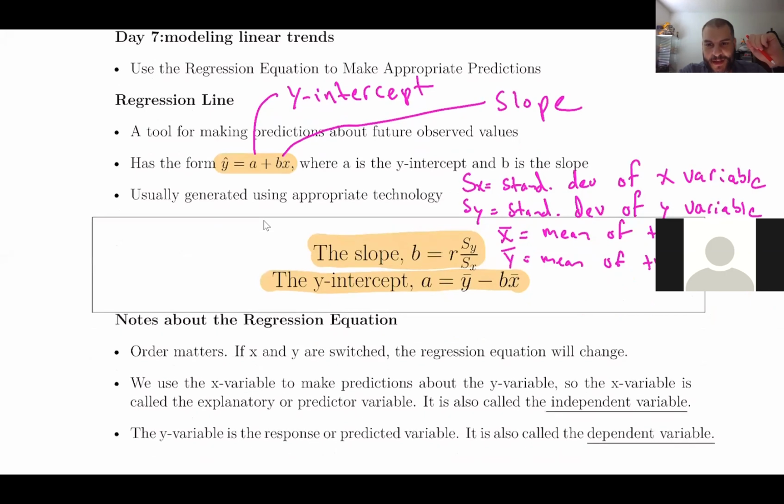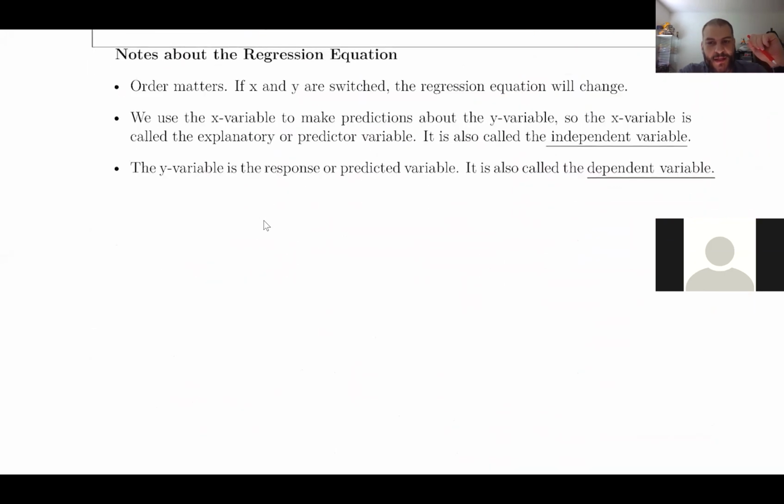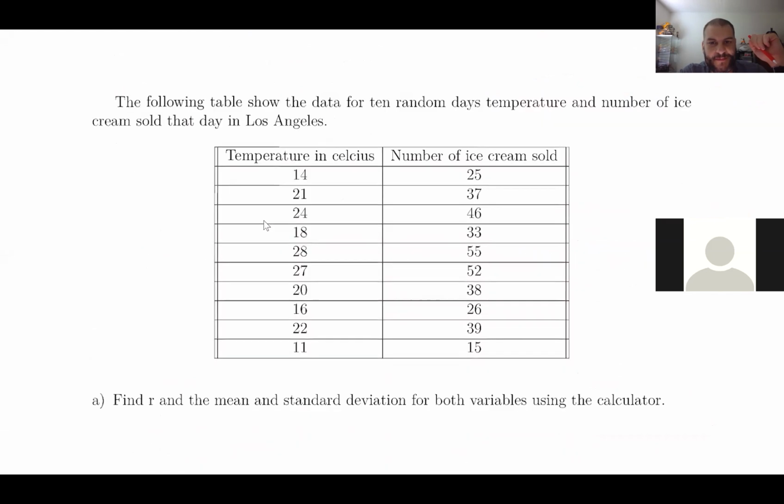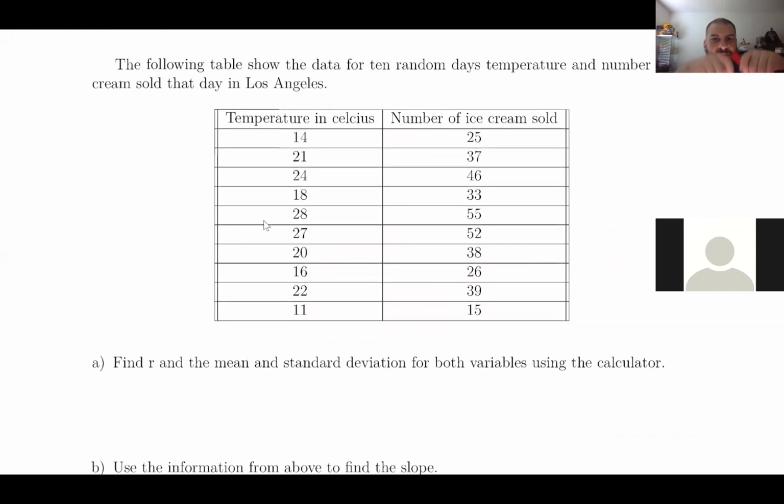All right, so let's go ahead and use those two formulas. If you look at this one, it says the following table shows the data for 10 random days: temperature and number of ice creams sold that day in Los Angeles.